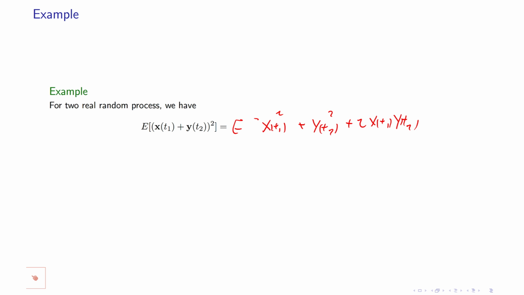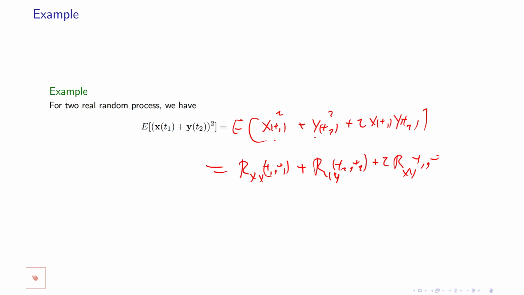Now, if I put expected value, I will see that this will become Rxx of t1 and t1. This one becomes Ryy of t2 and t2, plus twice Rxy of t1 and t2. So we see that these statistics can be calculated using second order statistics of these two random processes.